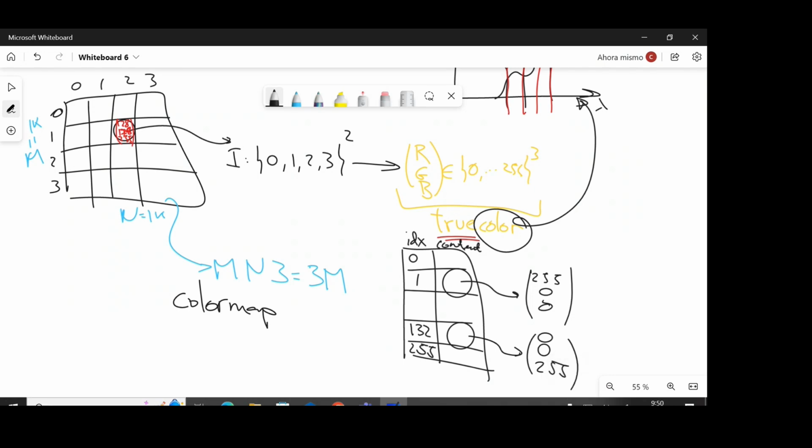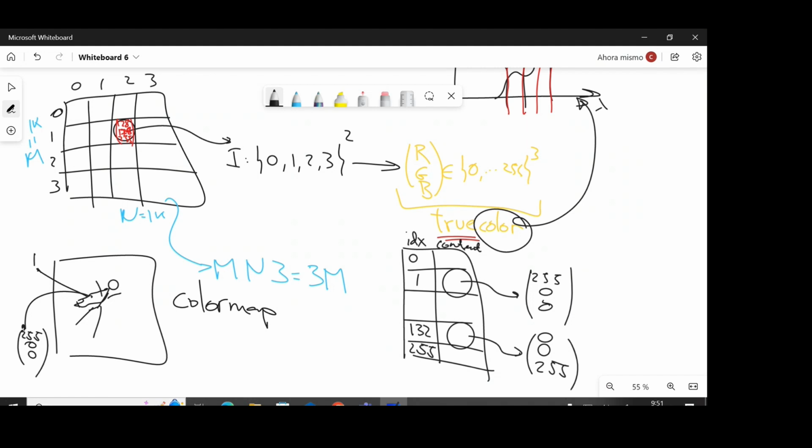Now I want to draw Superman here. This is the cap. I want to represent that pixel. So instead of saying this pixel is this color, what I say is this is code number 1.